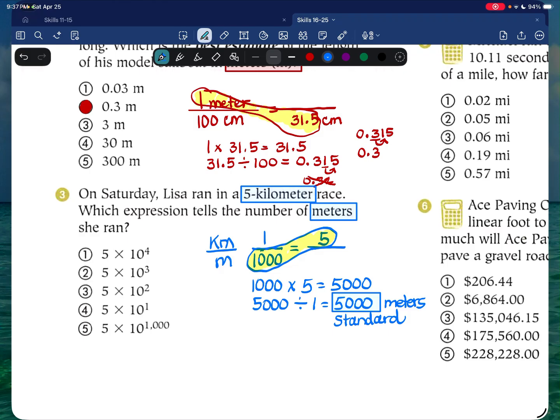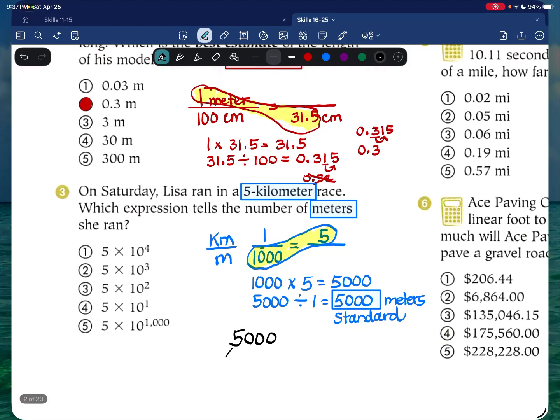scientific notation. So what you do, you change colors here so you can follow. You take your number, which we found to be 5,000, and the first number comes down as the leader. So it's 5. And we're going to multiply that by 10 because our number system is based on tens. And then you count your zeros.